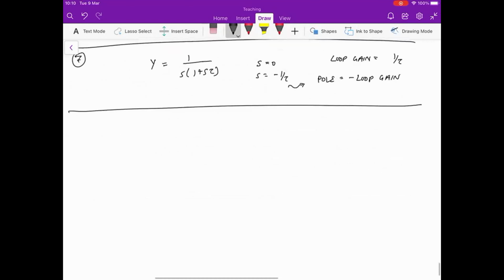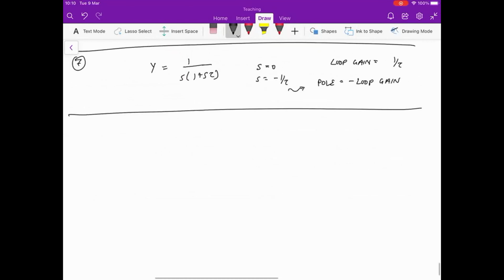Okay. And then going to the next one, we're looking at the integral mode controller. So this is example 8.10. And what we want to do is to compute the impulse response. The impulse response is basically giving the input of delta t rather than the input of u(t) to the system.